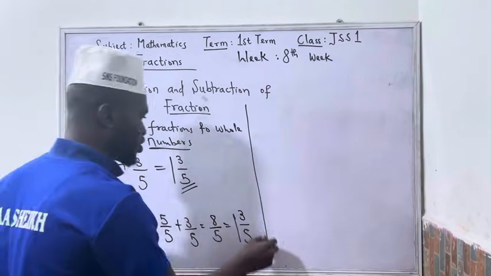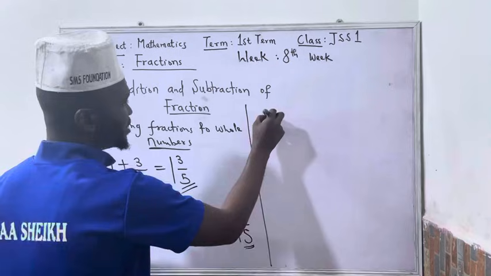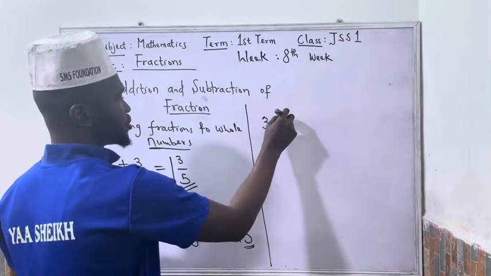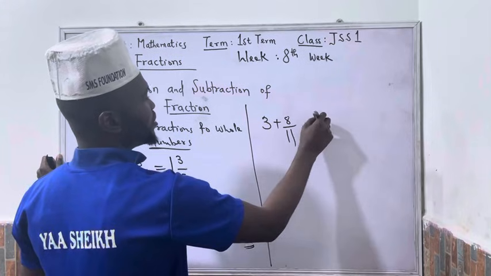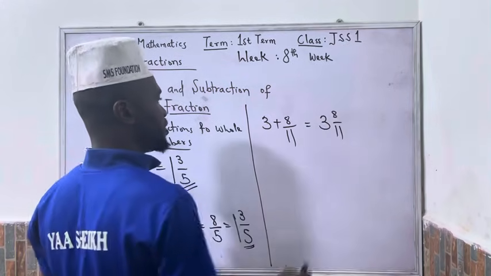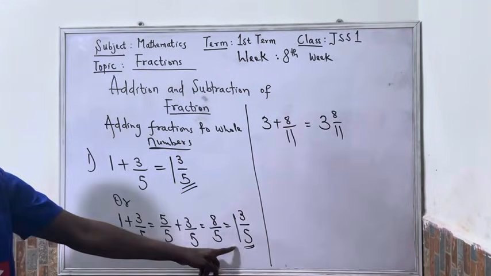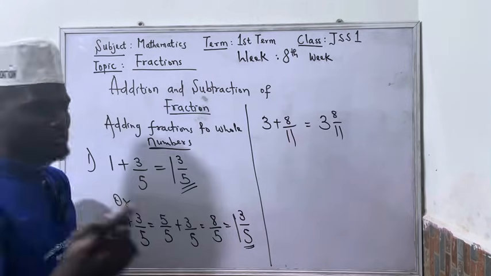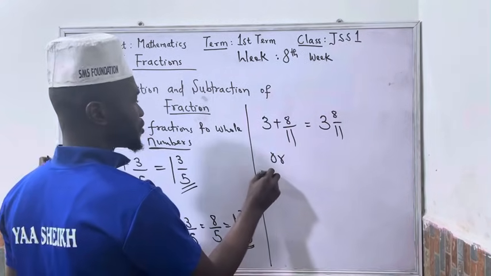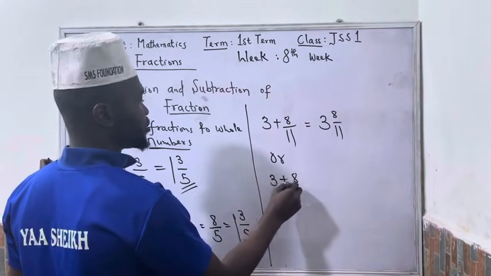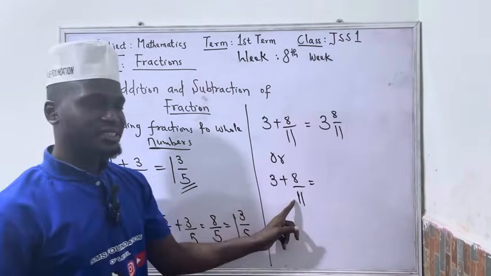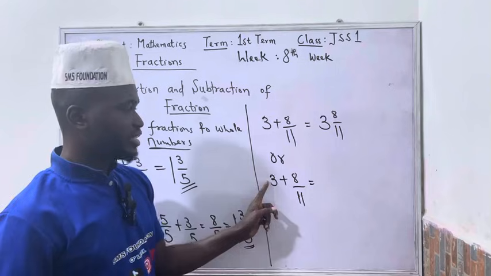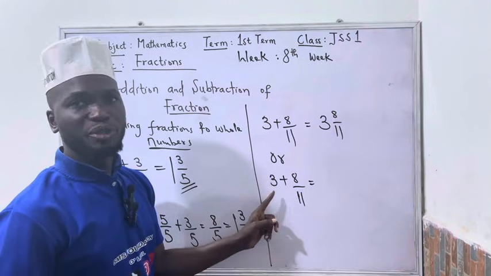Similarly, if the number is not 1, let's say 3 plus 8 over 11. Just remove the plus and have 3 whole number, 8 over 11. And if you try to follow this method, it will still work. Or 3 plus 8 over 11. Now, how can I write this 3 in a way that 11 will be involved?